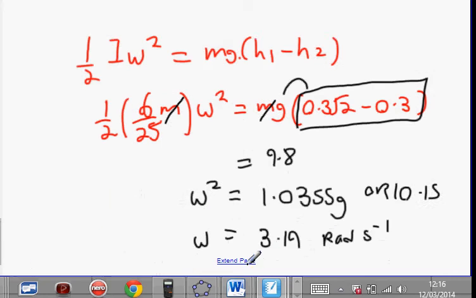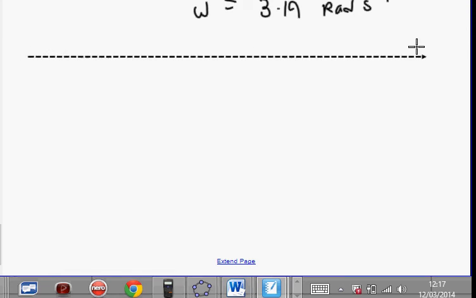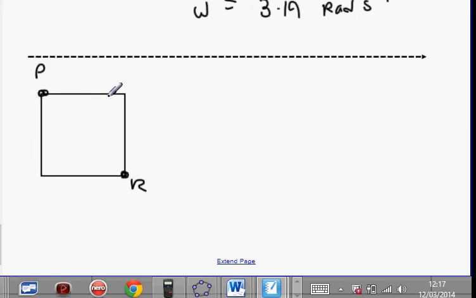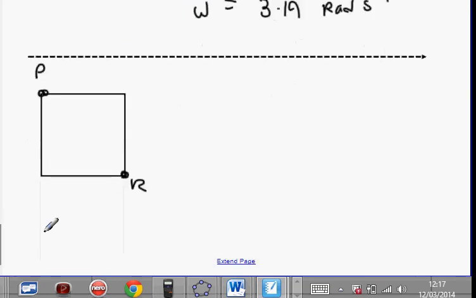What happens this time is we're told that a mass is attached at R. So the mass is going to be attached down here. This is R, this is P. R and P. So we have mg coming down.